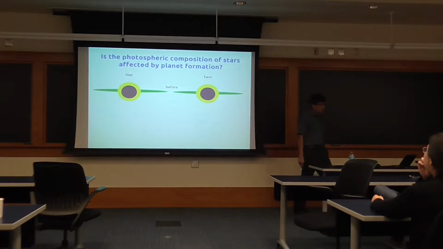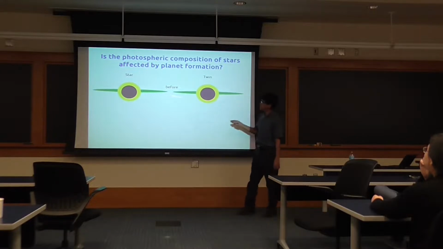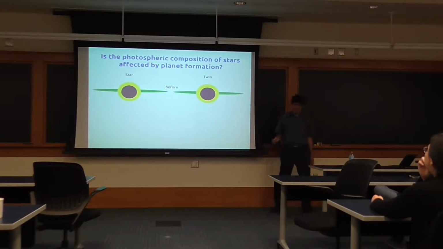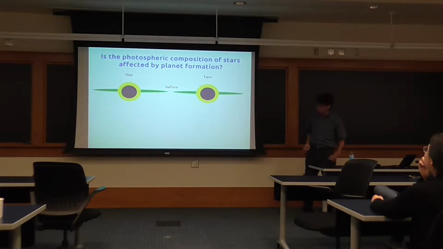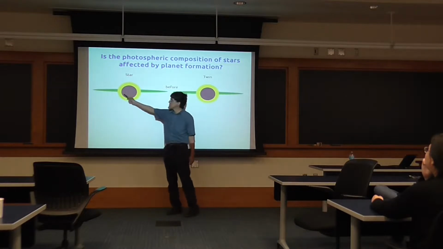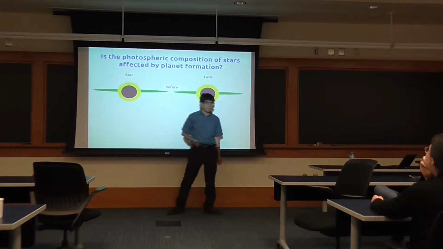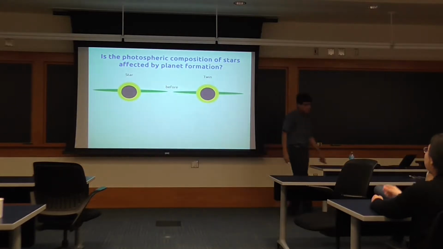And so to illustrate the basic idea behind our work, I put this little cartoon here where you have a very young star, and I've divided certain regions of the star: the radiative core, the convective envelope, and then the disk from which planets form.